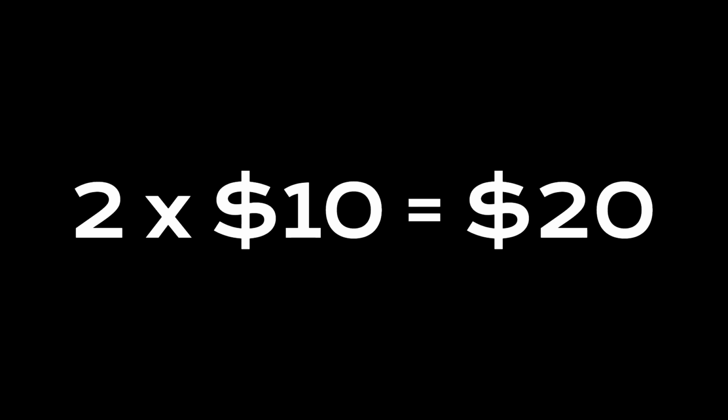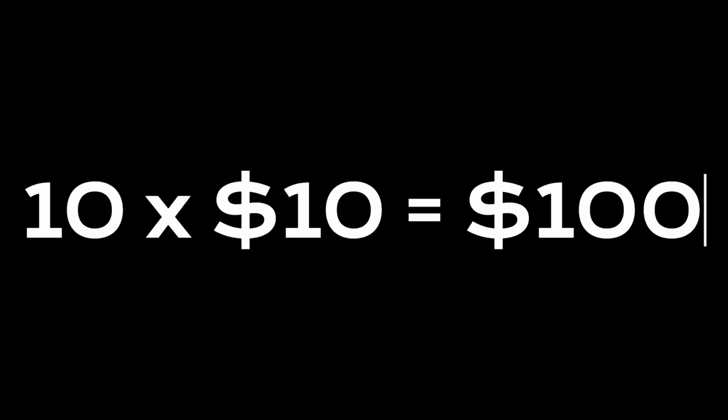So if you change this $20, you can have two 10s. And if you were to change a 50, you will get 5 10s. 5 10s make 50. 10 10s will give you 100.